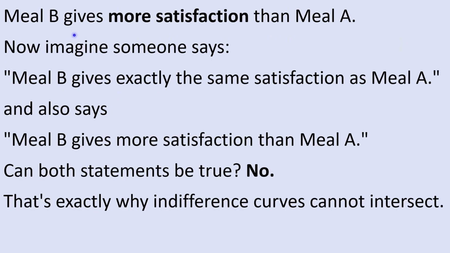Meal B gives more satisfaction than meal A. Now imagine someone says, meal B gives exactly the same satisfaction as meal A, and also says, meal B gives more satisfaction than meal A. Can both statements be true? No. That's exactly why indifference curves cannot intersect.